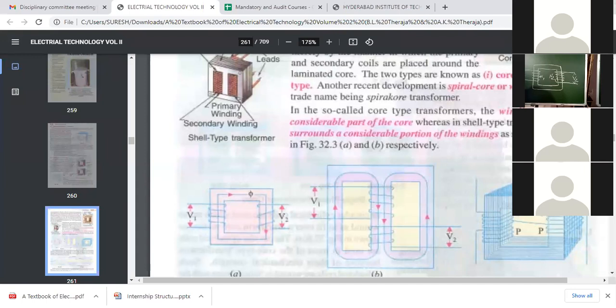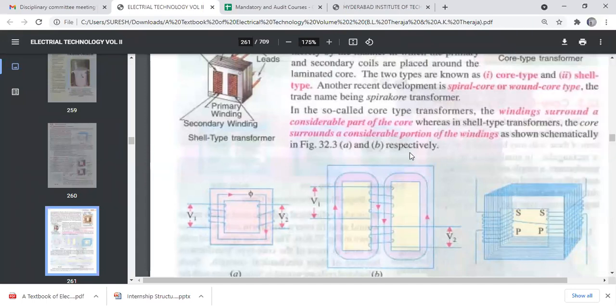What is the meaning of core type? It means windings surround a considerable part of the core. See in the diagram, this winding is covering the core. Maximum part of the core is surrounded by the coil. This is the core type transformer.